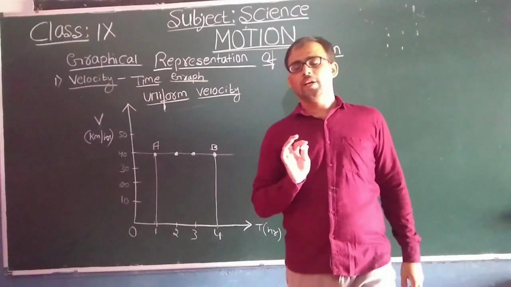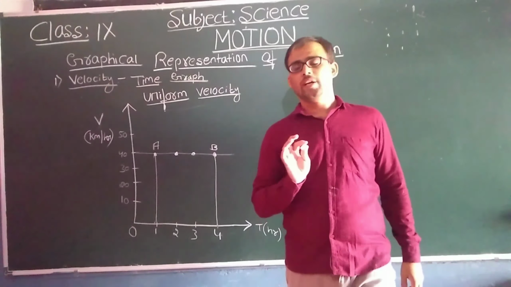Here I am taking this as t1 and this as t2, and name the points A, B, C, D. DC represents the time interval, the length AB or BC represents the time interval, and AD represents velocity.